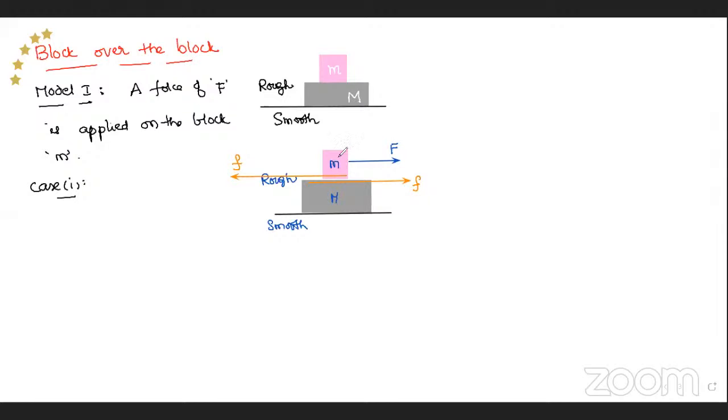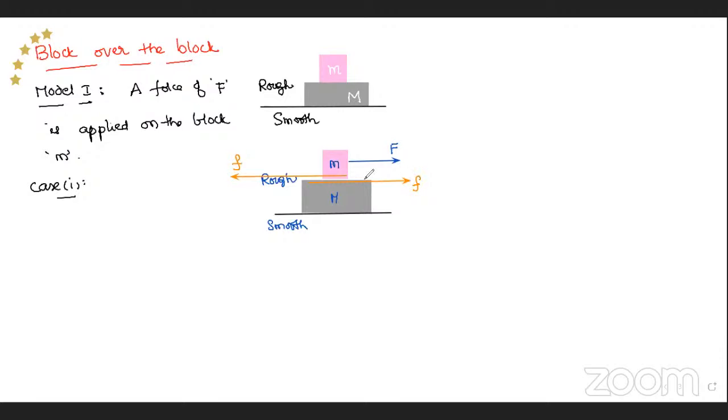Here the problem is, this friction opposes the capital F, so it tries to stop the small m from sliding over capital M. But on the capital M, in the free body diagram, you see the same friction trying to pull it forward.